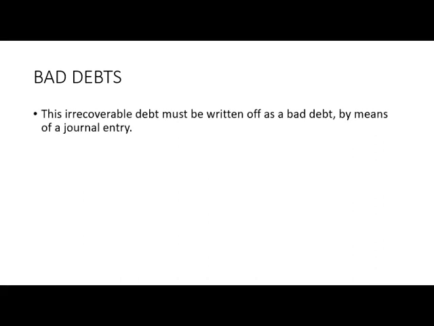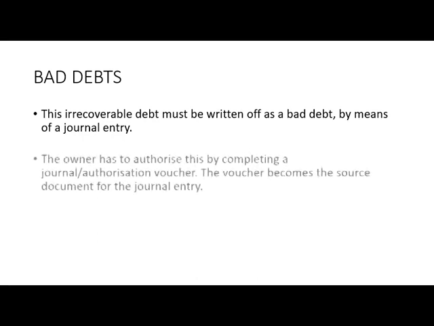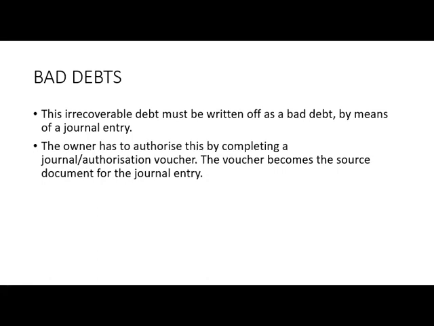And since I said this amount won't be recoverable, we must write it off as bad debts by means of a journal entry, which will be made in the general journal. The owner has to authorize this by completing a journal voucher. The voucher becomes the source document that we use to record the transaction in the general journal.